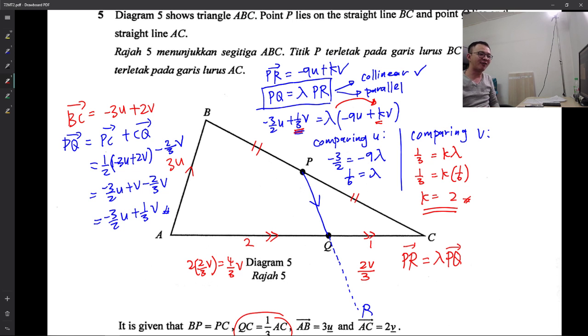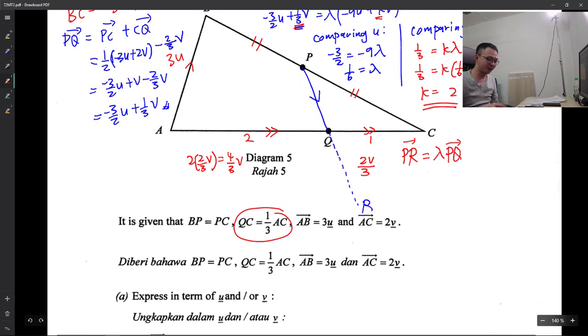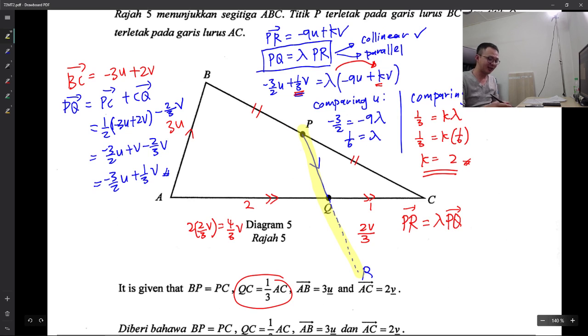How does the PR come? The PR is given. If you read over here, the straight line PQ is extended to the point R. So he gives us PR. Because PQ is extended to the point R, you realize PQR is a straight line. When PQR is a straight line, then I can apply my lambda relation. How do we know R is extended downward or upwards?